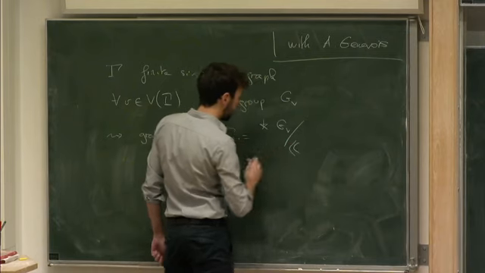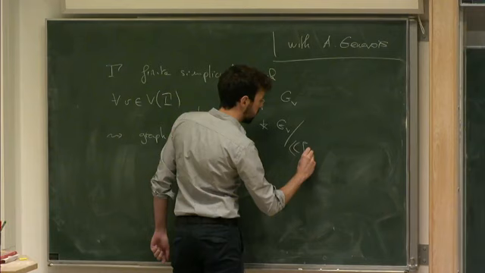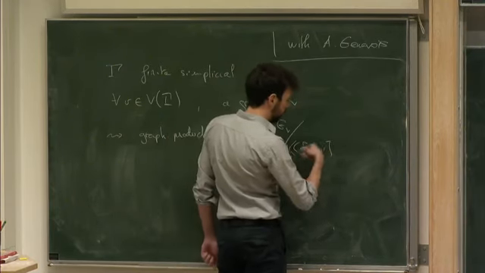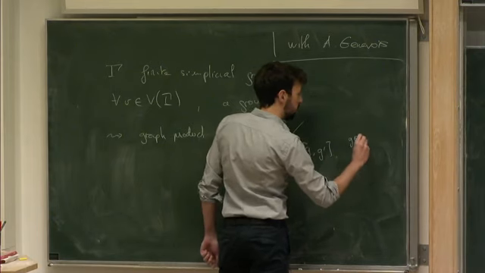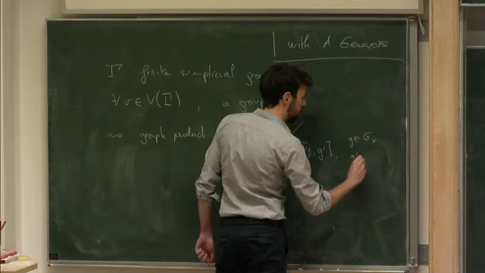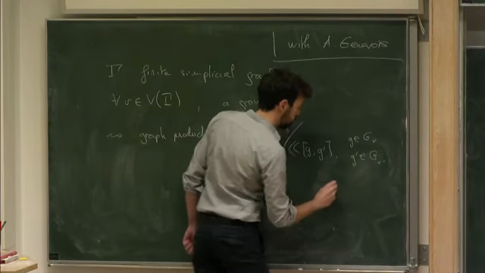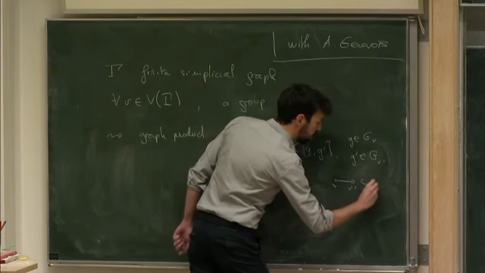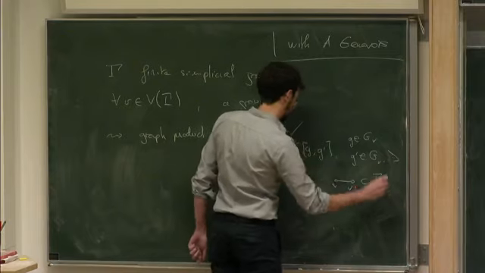That is, you take the free product and you kill all the commutators of the form [g, g'] if g is in GV, g' is in GV', and V and V' are vertices connected by an edge of gamma.